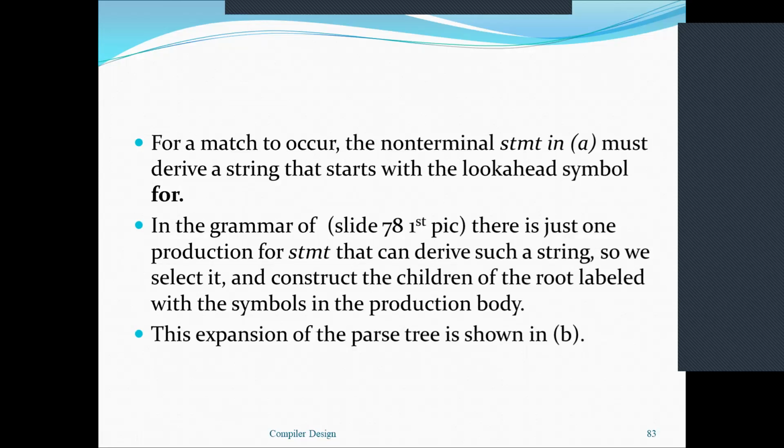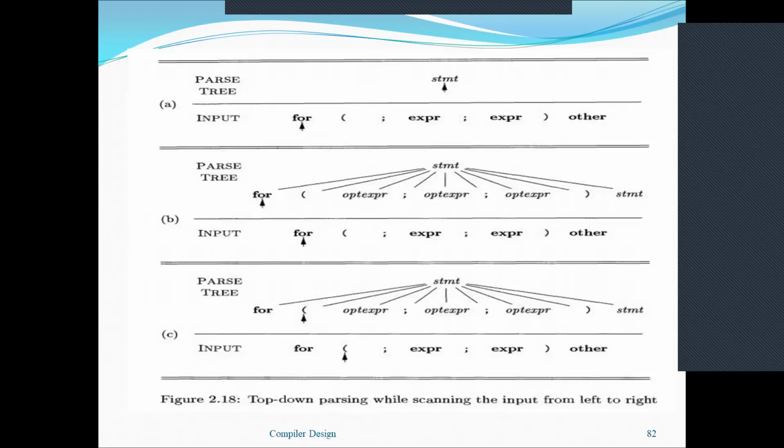So how this is expanded, we'll see. The head of the production goes here, and subsequently the lookahead symbol comes here, and then the input goes with the scanning of each of these characters in the parse tree.